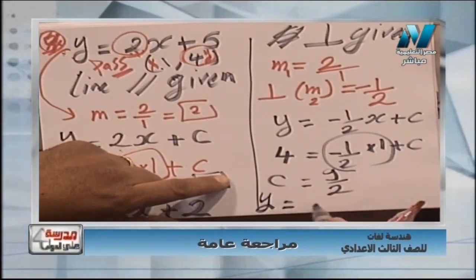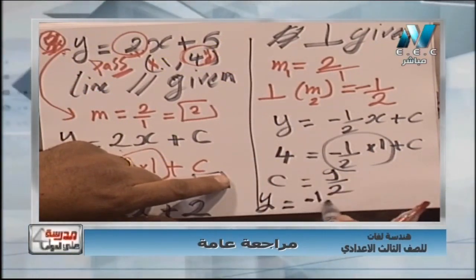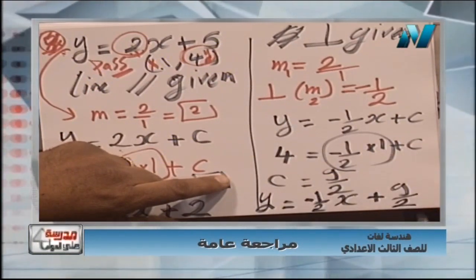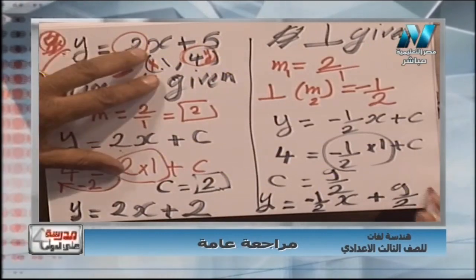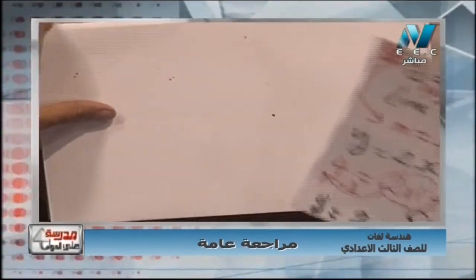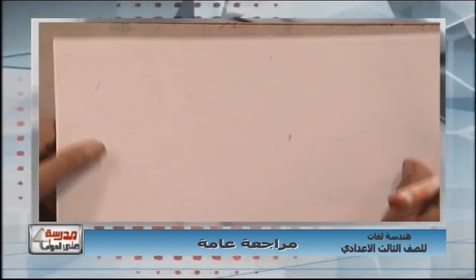So y equals slope negative half x plus c, 9 over 2. Okay, very good.